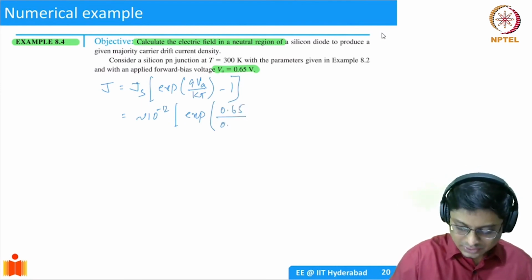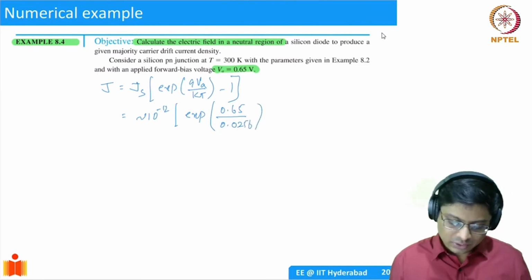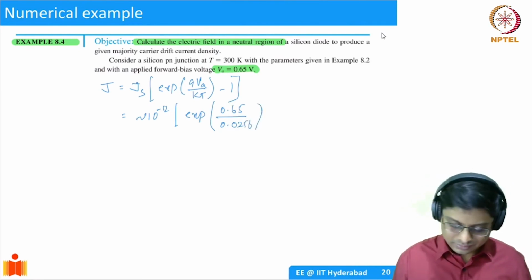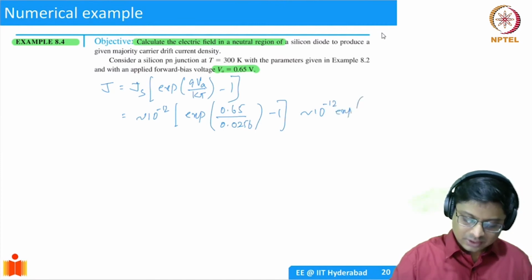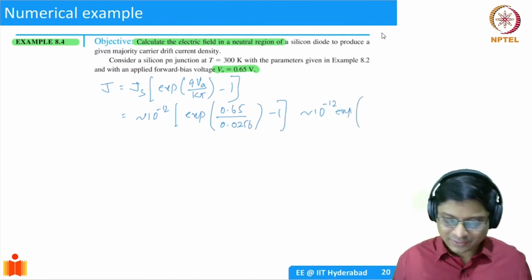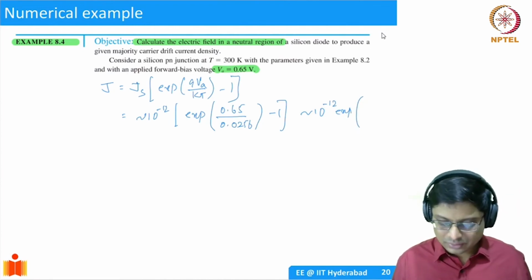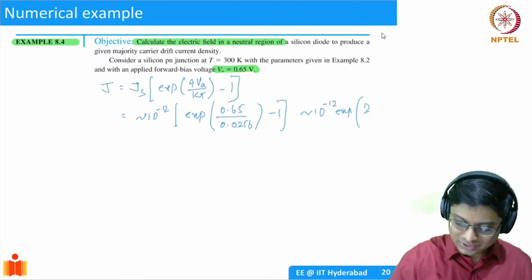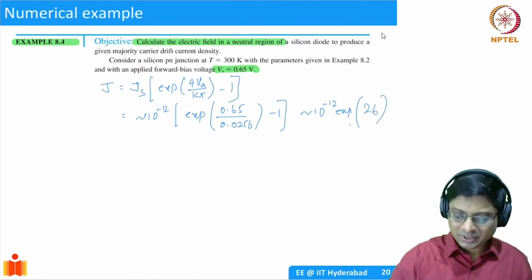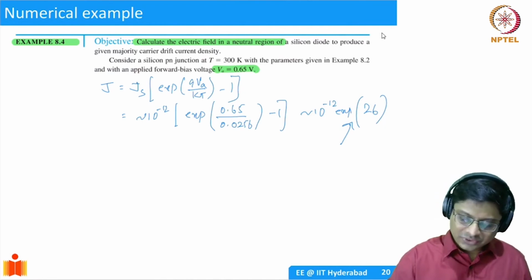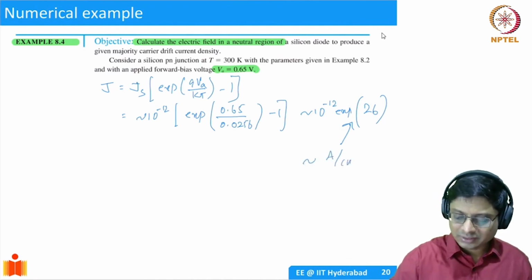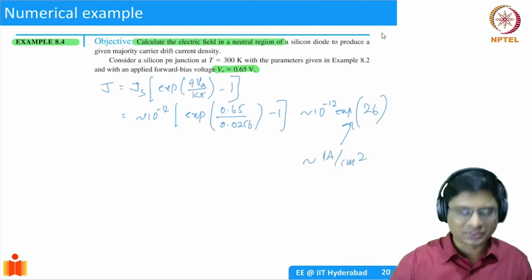So KT is 0.0256. So 0.65 divided by 0.0256 is going to be roughly 25, so e to the 25 or so. You're going to have some large number coming out here, which is going to compensate. Eventually, you will see that this is going to be some amps per centimeter square. Let's say 1 amp per centimeter square approximately.